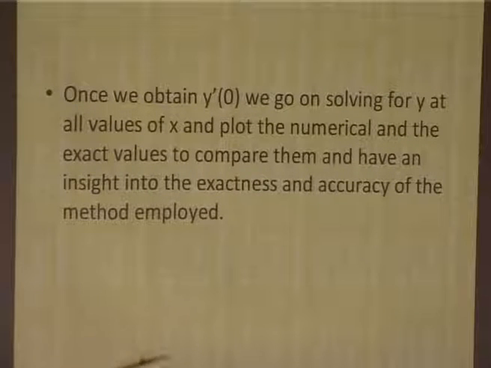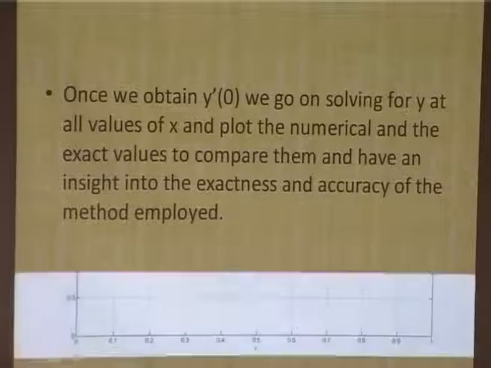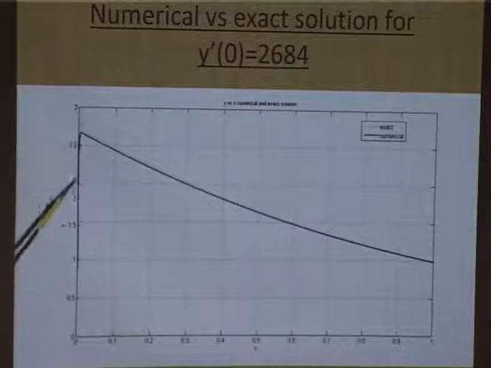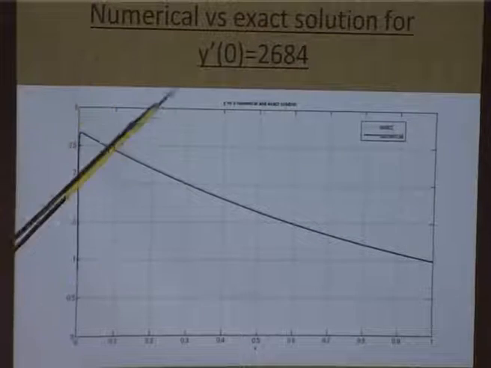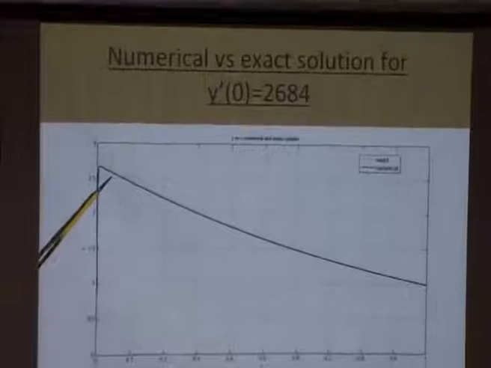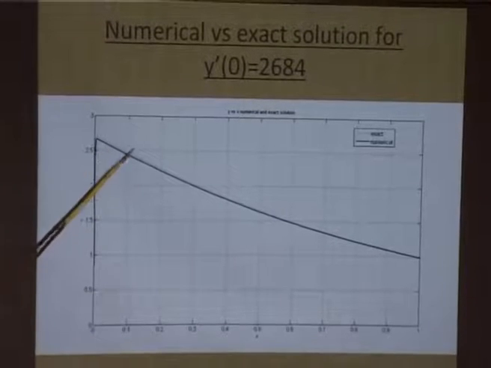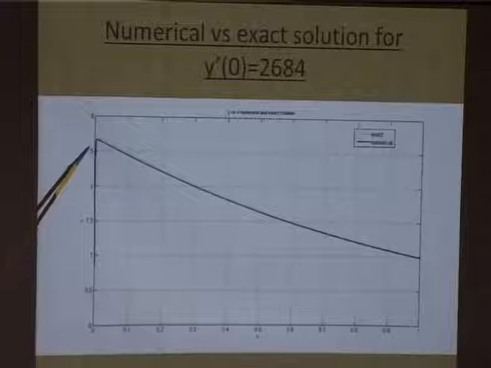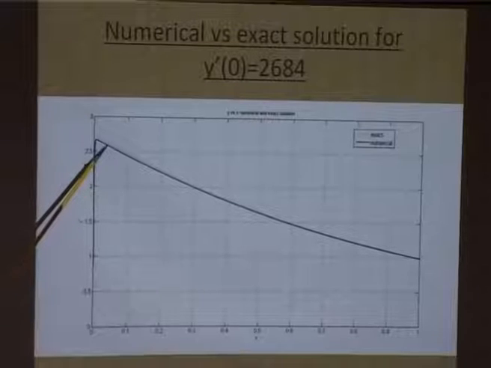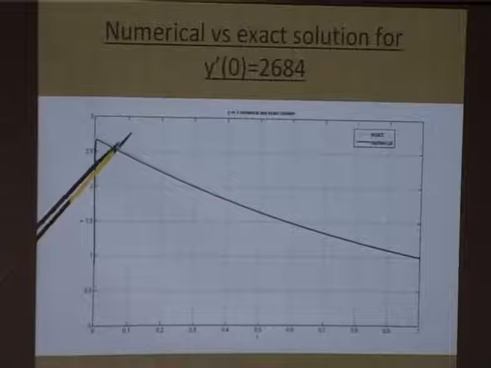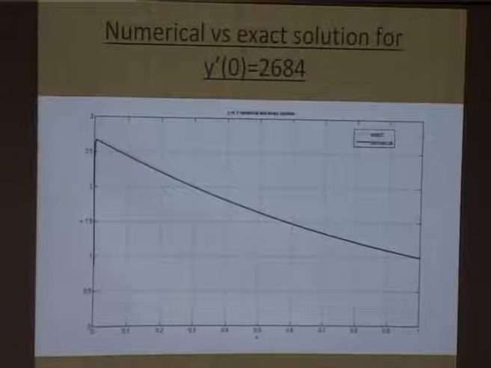For that value, this is the plot of the numerical versus the exact solution for 2684. This line shows the numerical solution, while the dotted line shows the exact solution. There is some difference between the exact and numerical solution, and we take the root mean square of that error.